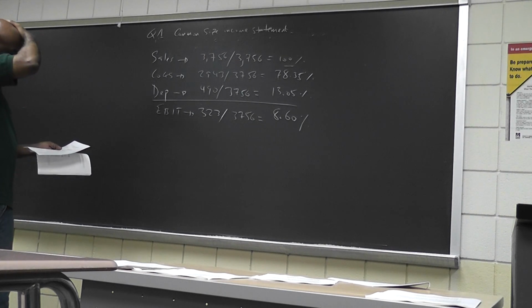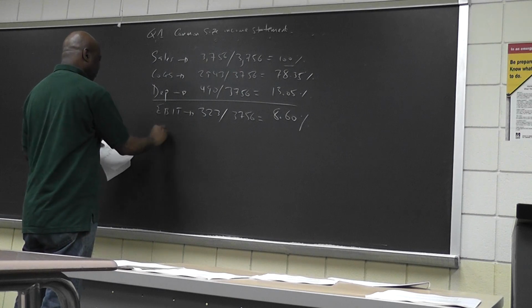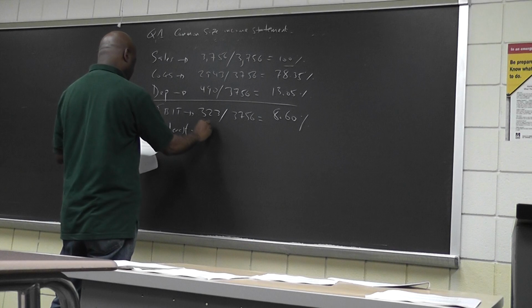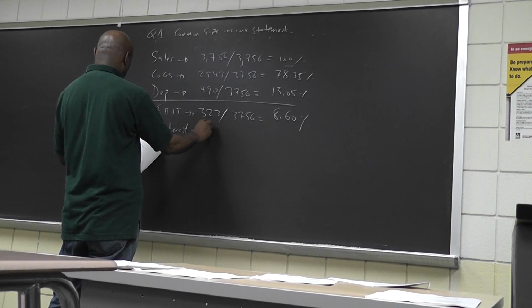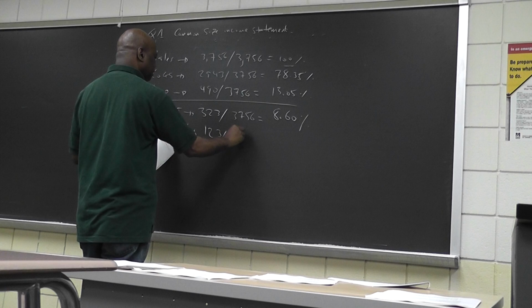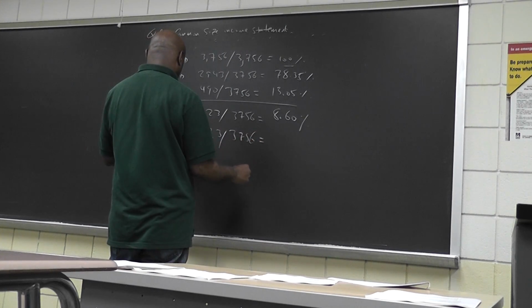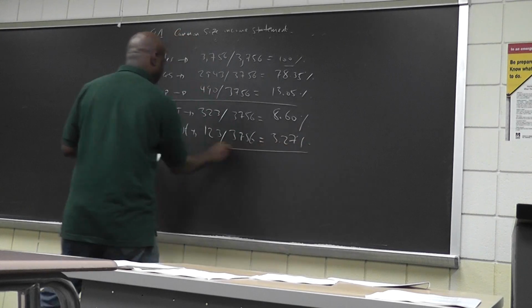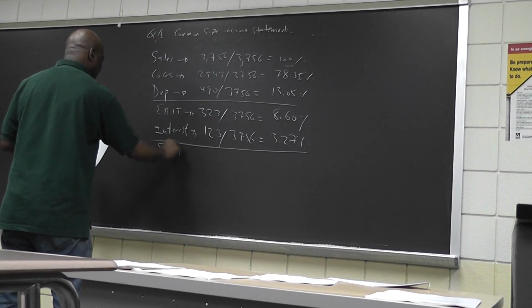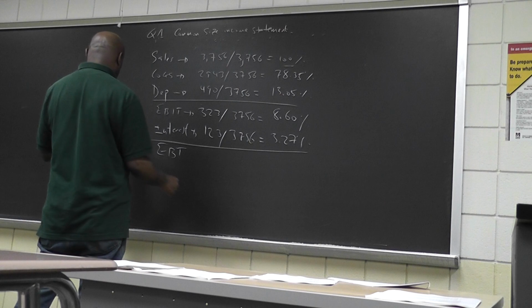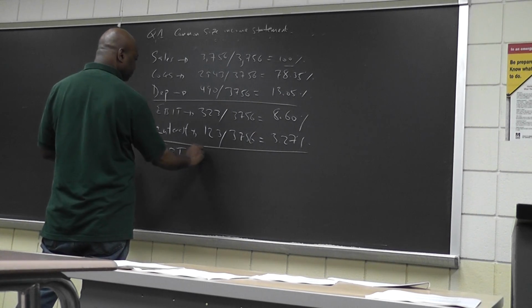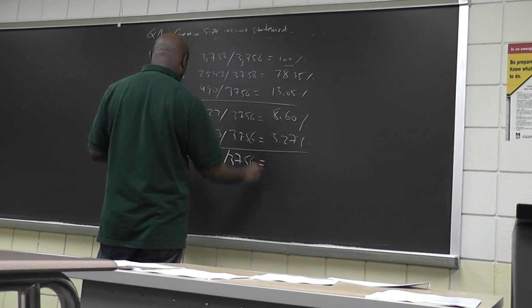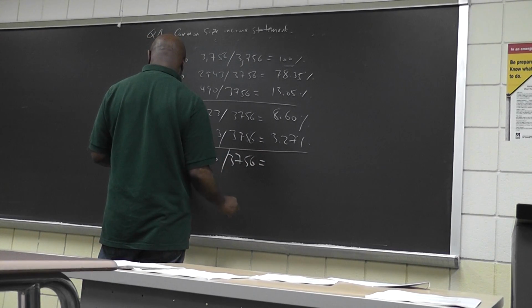And then we keep on going. Interest here will be 123 over 37.56. And then we get, is that 3.27? Yes. And then we get earnings before taxes, which is 200, divided by 37.56, and then we get 5.32.